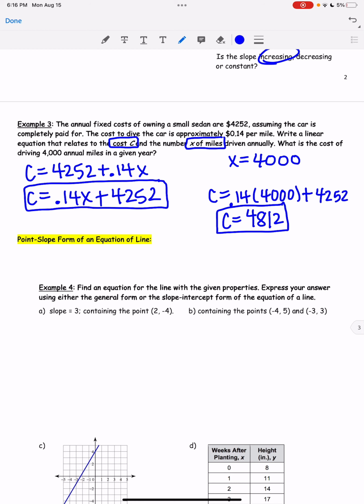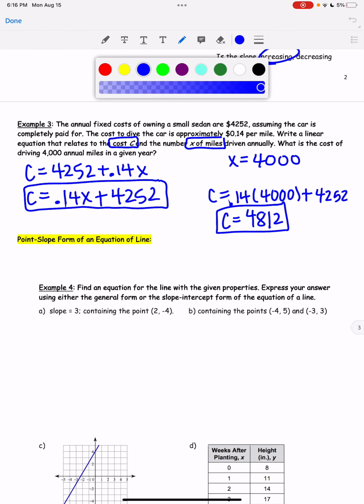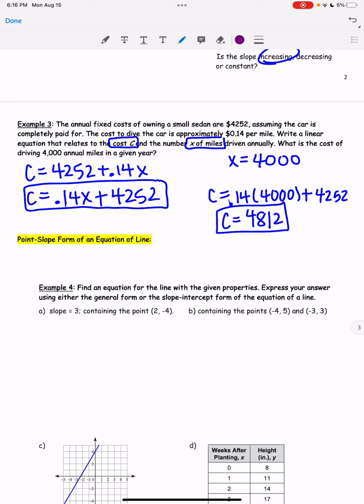We need to know another equation, and that is a point-slope form. So our point-slope form is y minus y1 equals m times x minus x1.